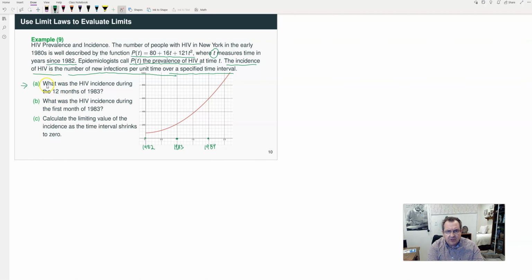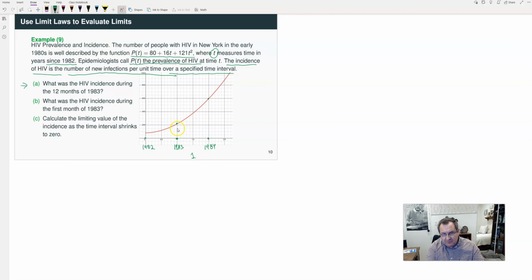The first question is, what was the HIV incidence during the 12 months of 1983? So 1983, this is where we started, and 12 months later would land us at 1984, and the 12 months period converts into 1 year on the scale.